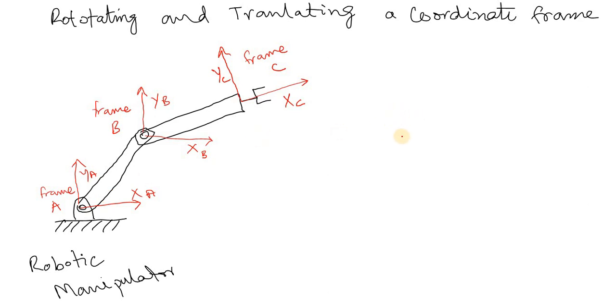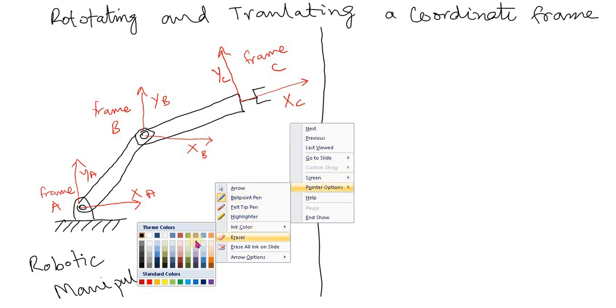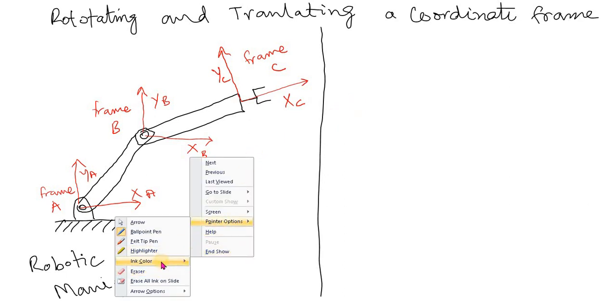So let's see how we can finally do the calculation for this. Let's say we have two frames. Here we have frame 1. Let's make it with some darker color.